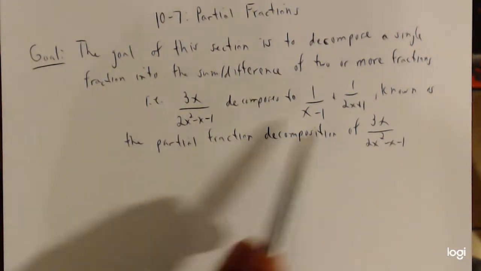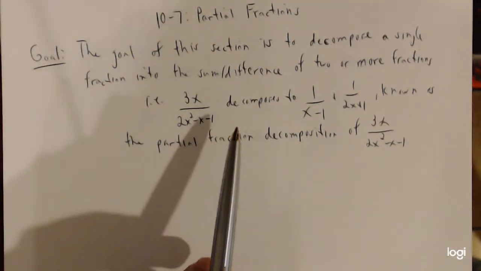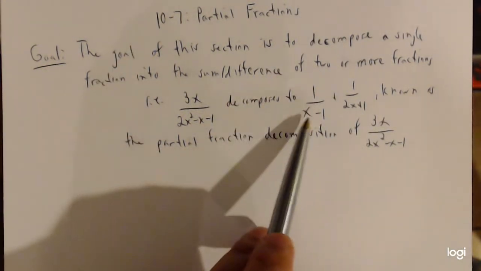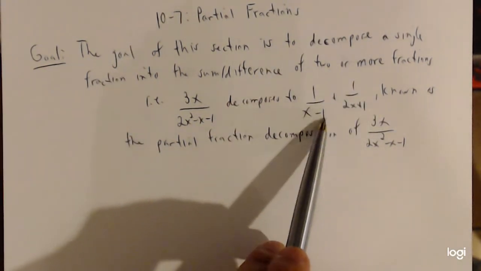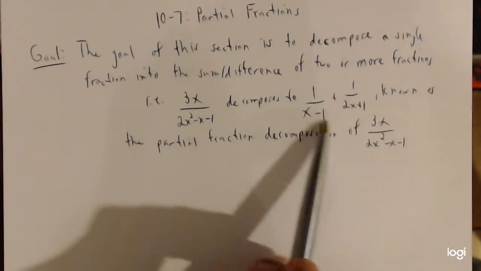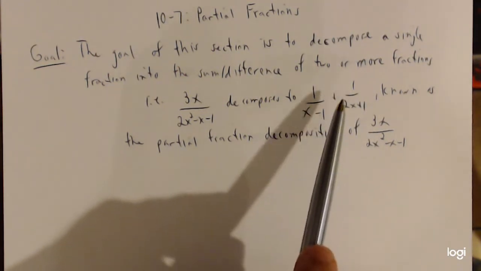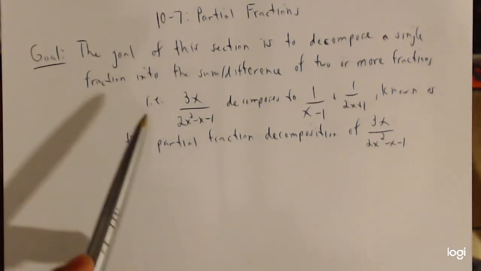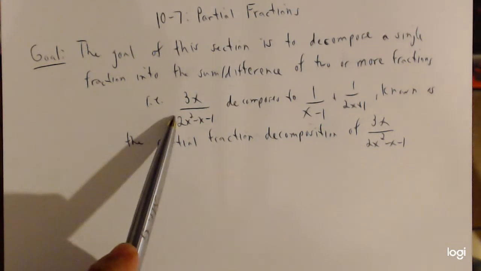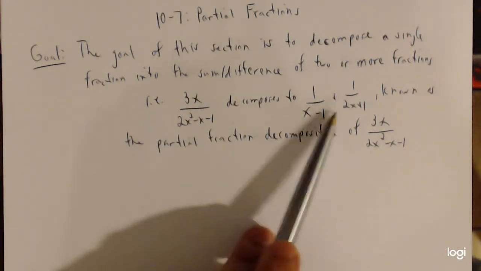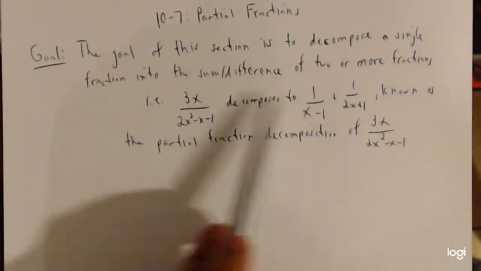So if you think back to algebra or some time ago, if you were given an expression such as this, your goal would be to get a common denominator and get it from here to there. So we're kind of putting things in reverse now. We start off with this and we want to break it up into what it originally was before we got the same denominator and put it together.